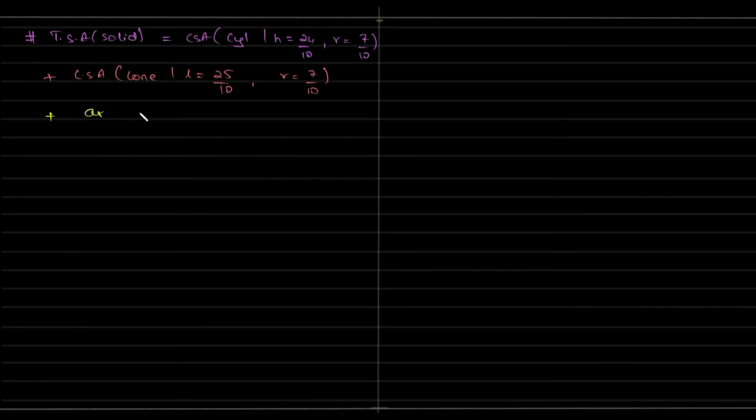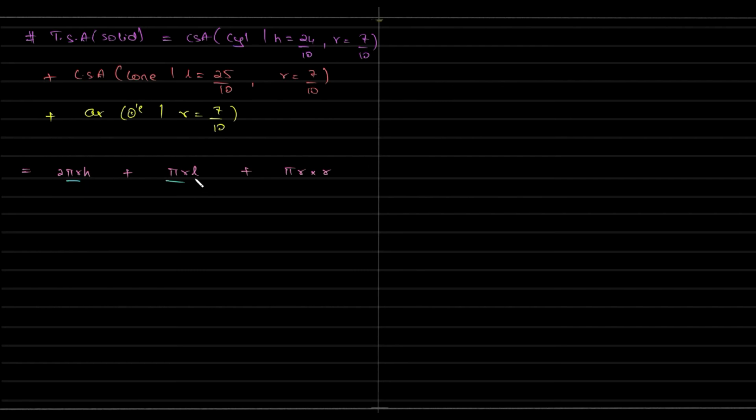So area of a circle whose radius is 7 by 10. Same thing, right? All of it has the same radius. Now, because all of them have the same radius, we need not write any subscript. 2 pi rh. Subscript is nothing but all this 1, 2, 3, 4 there right now. I'll be writing in the future. So pi r square. I'll write it as r into r. I'll show you why.